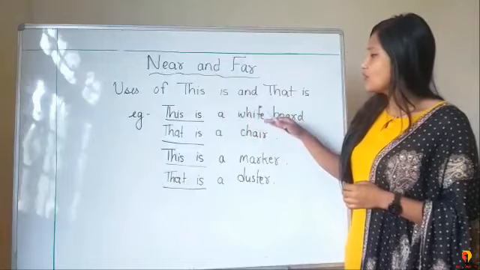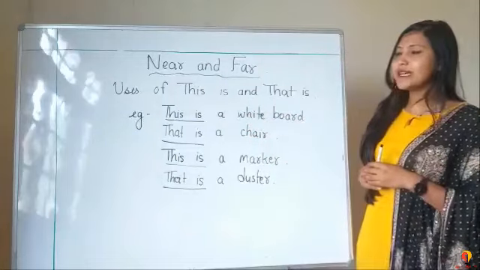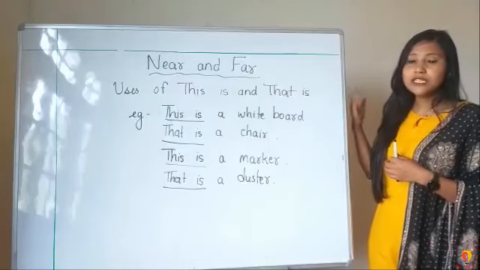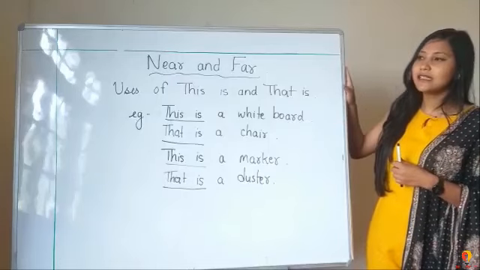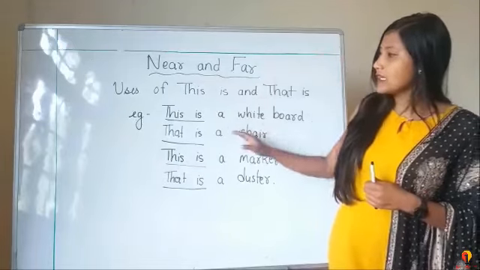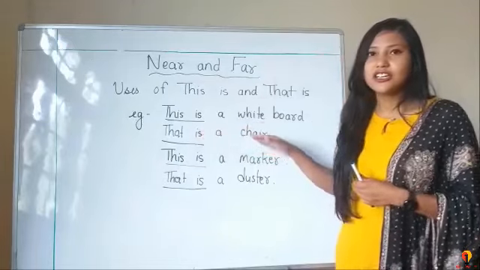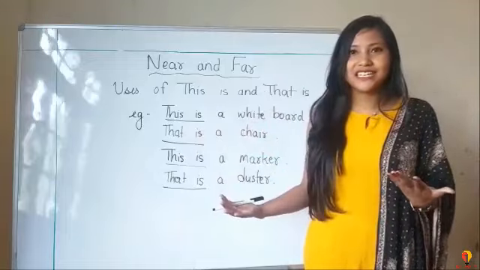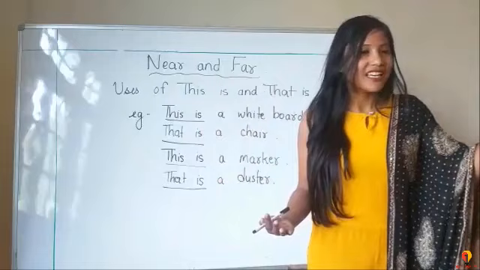This is a whiteboard. So as you can see, I am near to the whiteboard. So when I point out the whiteboard, I'll say this is a whiteboard. And next, that is a chair. So the chair is far away. Here you cannot see any chair, but the chair is there.